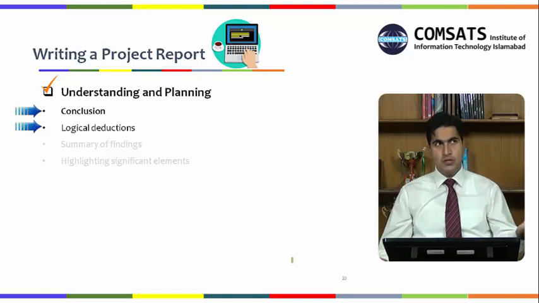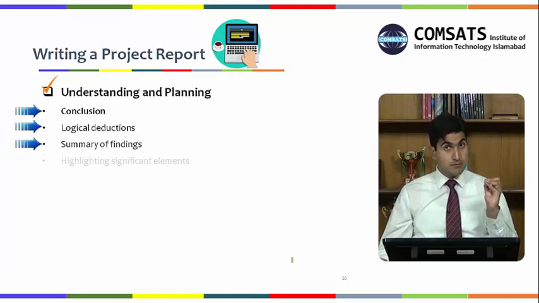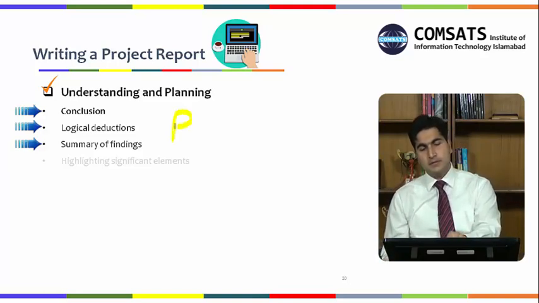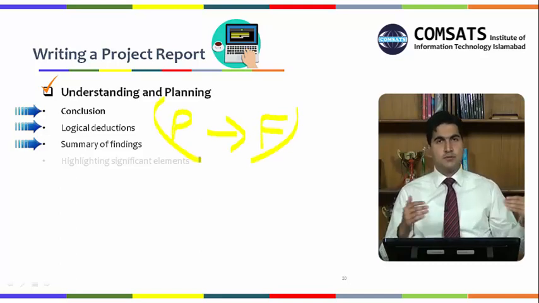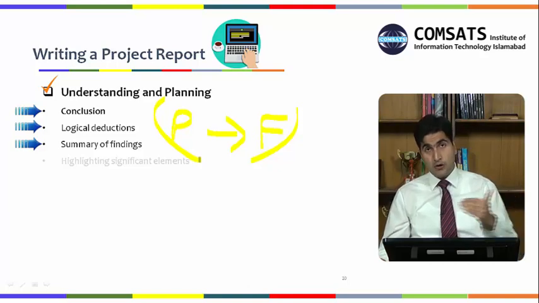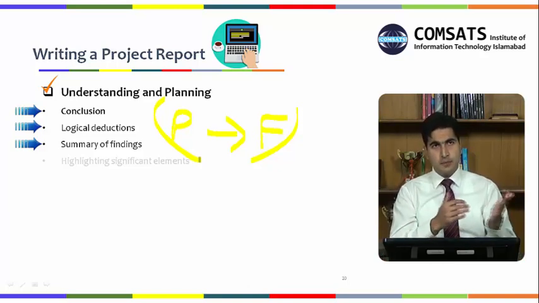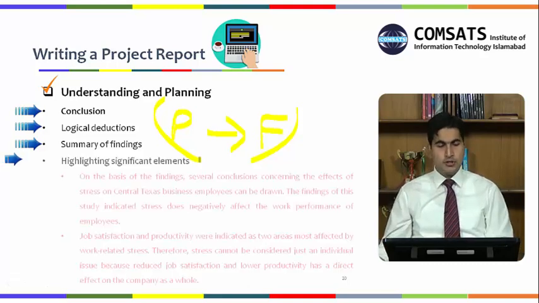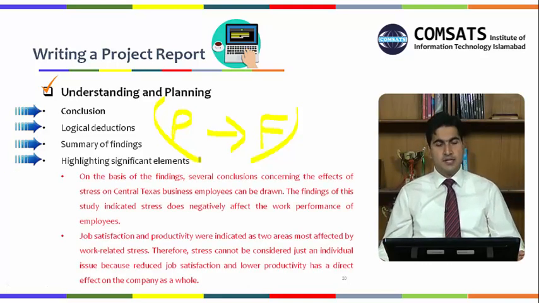In addition to those findings, you summarize them, and alongside you mention some objectives, that the purpose was this and these were the findings. That's the way you write it. Purpose, and then these were the findings. So this has to be the sequence, the only way in which you can logically move from the general purpose towards those specific findings that you got. And in addition, you highlight the significant elements as well.